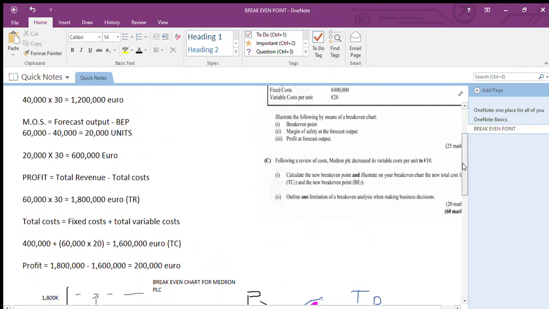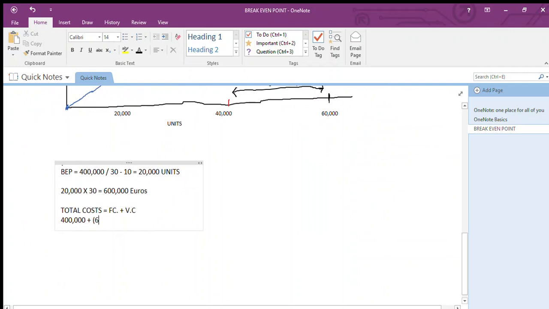For total variable costs, my output stayed the same at 60,000 units, which is the total amount that I'm intending on selling, multiplied by €10, the cost of producing one unit. So 60,000 by 10 is 600,000, plus 400,000 is 1 million. That is €1,000,000. So my total cost line now will be at €1,000,000. This is my total cost line 2. My break-even point is 20,000 units and €600,000.